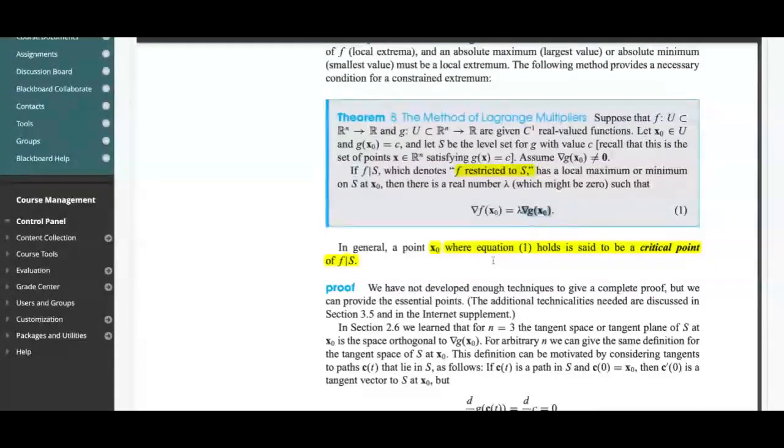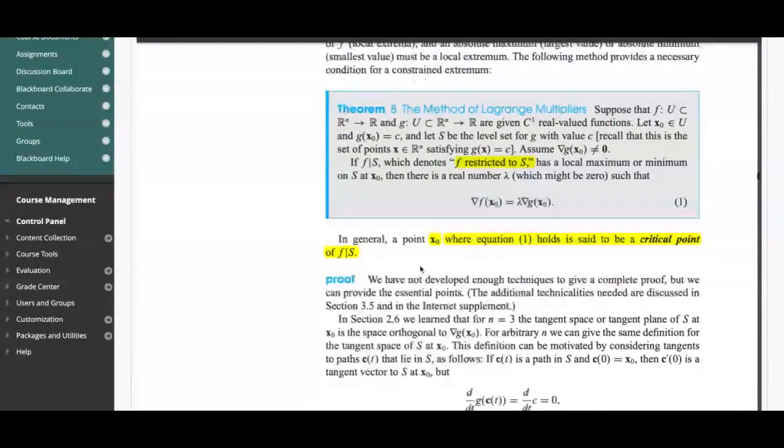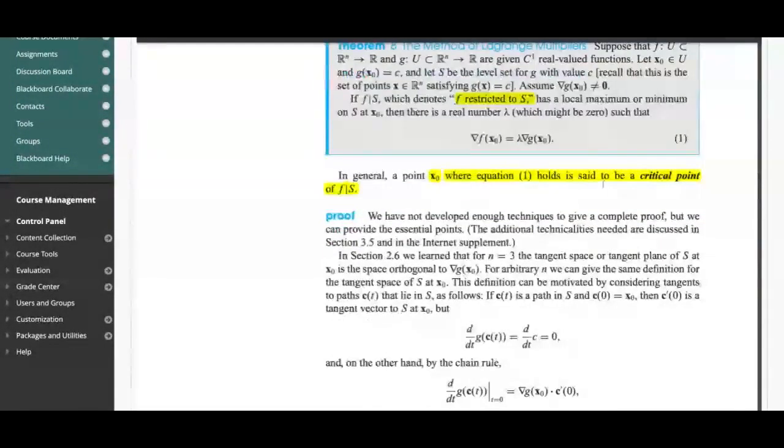And we call the point x naught a critical point of F restricted to S. Normally it's not a critical point for F, but it's a critical point for F on the restricted domain.